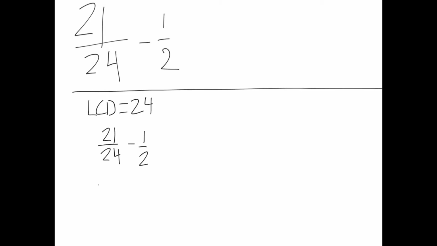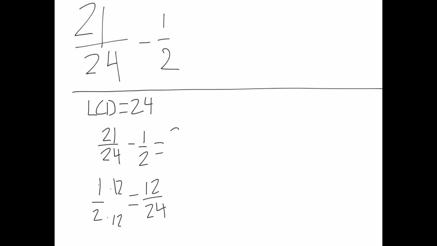And then I multiply 2 by how many times it goes into 24. So 2 times 12. And whatever I do down here, I have to do up here. So 1 times 12 equals 12 over 24.